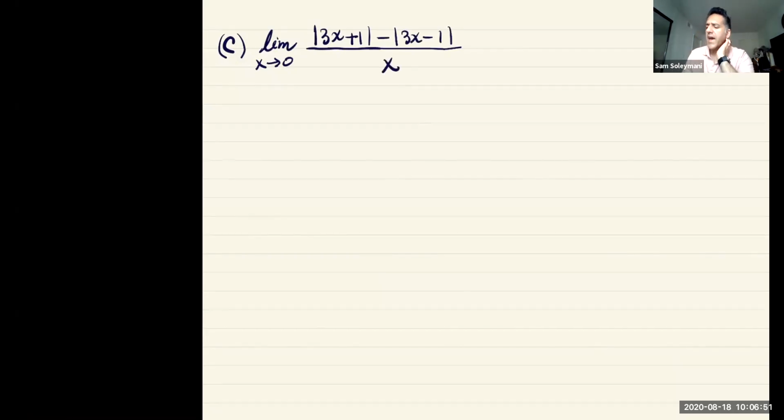So when x goes to 0, this becomes indeterminate because the top becomes absolute value of 1 minus the absolute value of negative 1. That gives you 0. And then the bottom is 0.